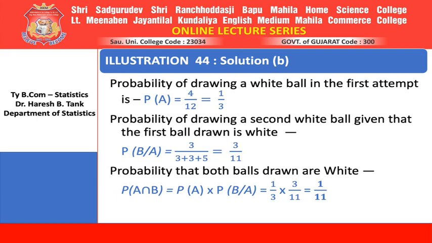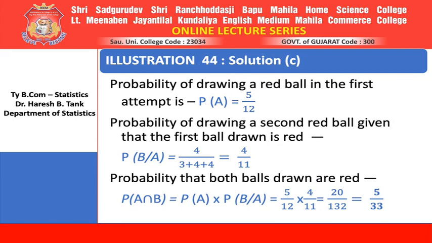Again the same logic, 3 upon 3 plus 3 plus 5 becomes 3 upon 11. So probability of A intersection of B is probability of A multiplied by probability of B, where A already occurred, which is 1 upon 3 multiplied by 3 upon 11, which is 1 upon 11, which is the desired probability.